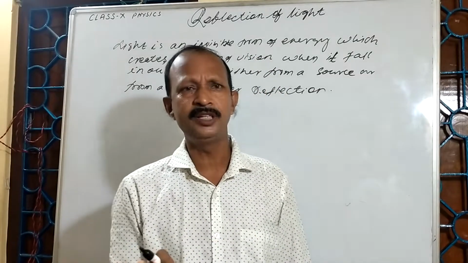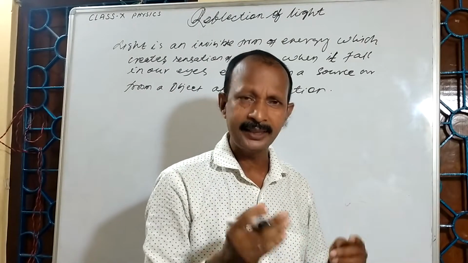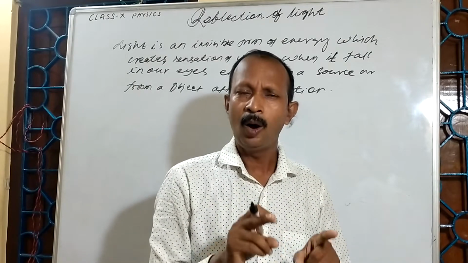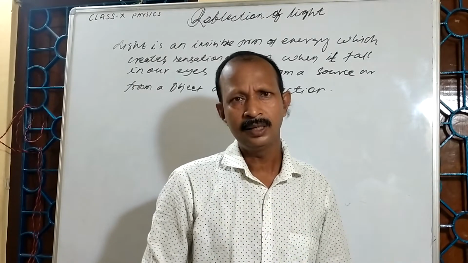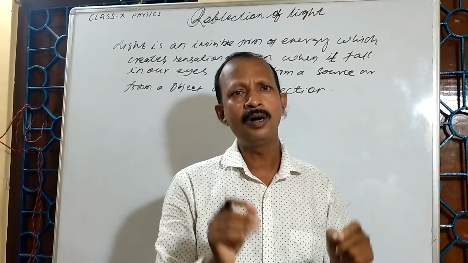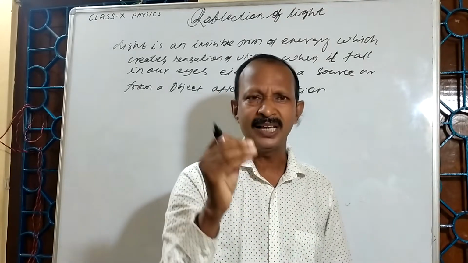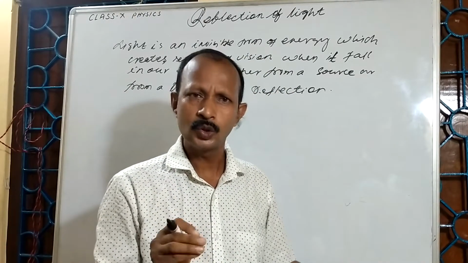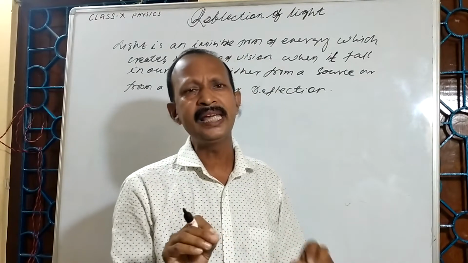So light is invisible. What we see as light is not the light itself; that is the scattering or the reflection due to the presence of a number of particles in air or in our surroundings. So light is completely invisible.